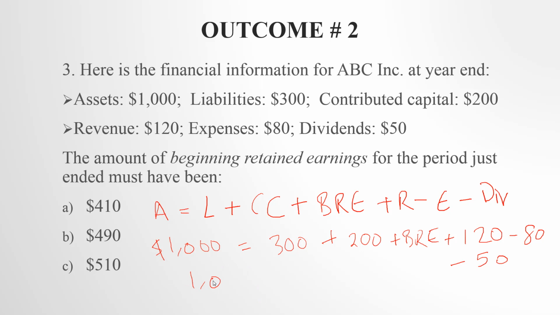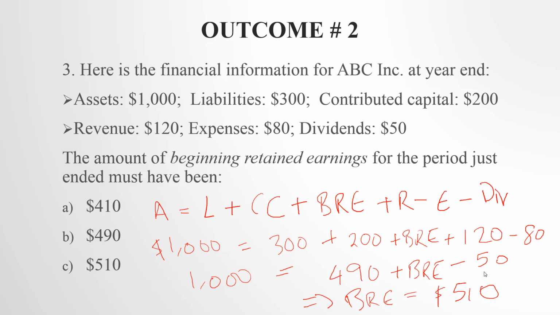This means that assets equal 620 minus 490. So 490 plus beginning retained earnings. That implies that beginning retained earnings is $510. Therefore, C is the correct answer.